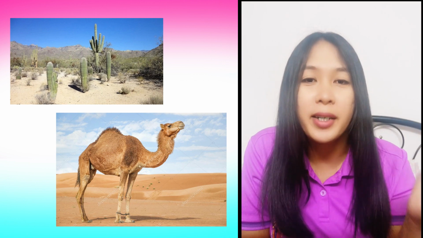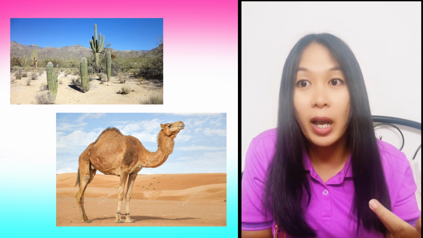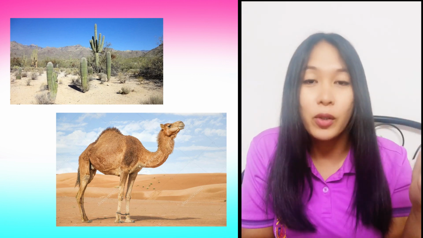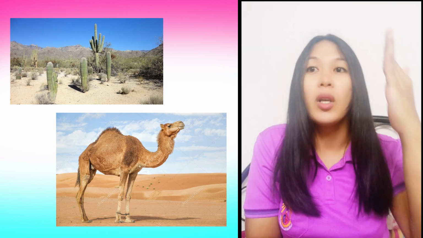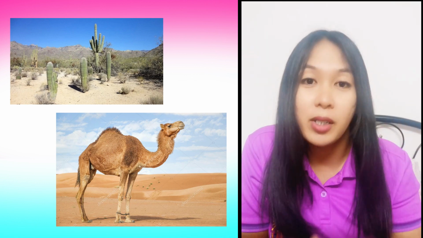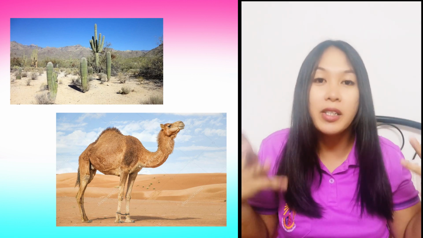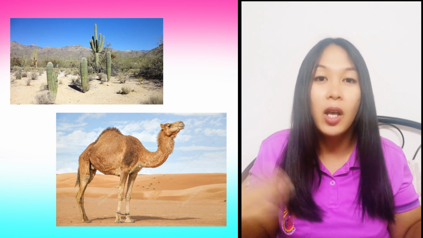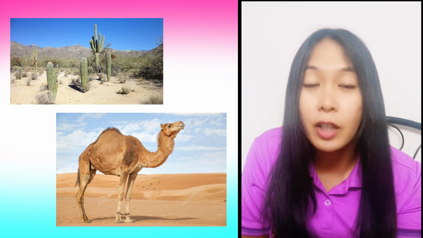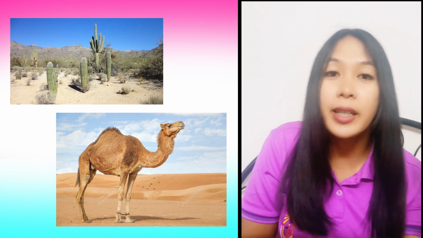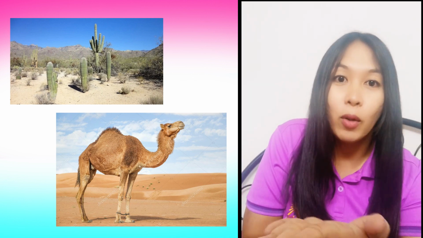Not everyone needs a lot of water to survive. Some plants and animals are adapted so that they can survive in environments where there is not a lot of water. For example, the cactus and the camel.